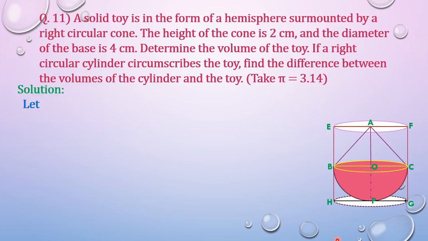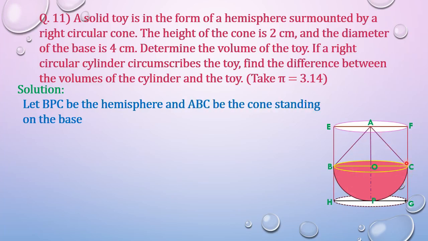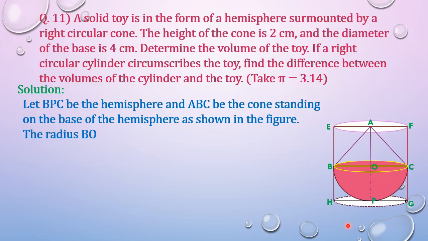Solution. Let BPC be the hemisphere and ABC be the cone standing on the base of the hemisphere as shown in the figure. The radius BO of the hemisphere as well as of the cone is equal to 1 by 2 into 4 cm is equal to 2 cm.